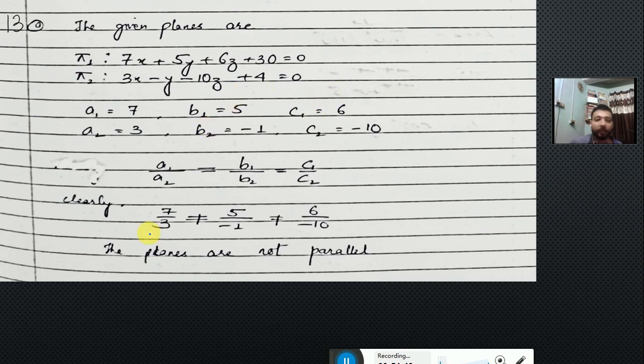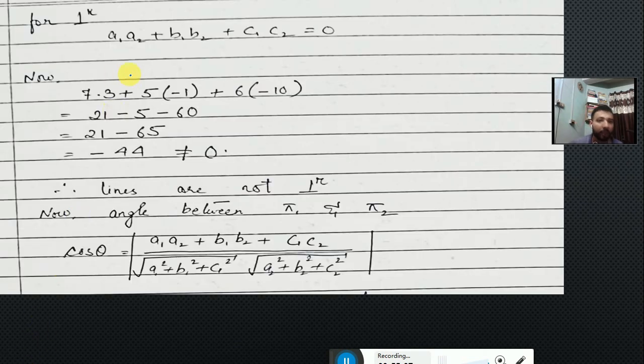Now 13a. First you write down your n1 vector and n2 vector. From there you will get a1, b1, c1, a2, b2, c2. Now check the ratios, they are not equal, so they are not parallel, right? And then for the perpendicular case, this is the condition for perpendicular, right? So you check, it is not equal to 0, so the planes are not perpendicular, so I need to find the angle between them.